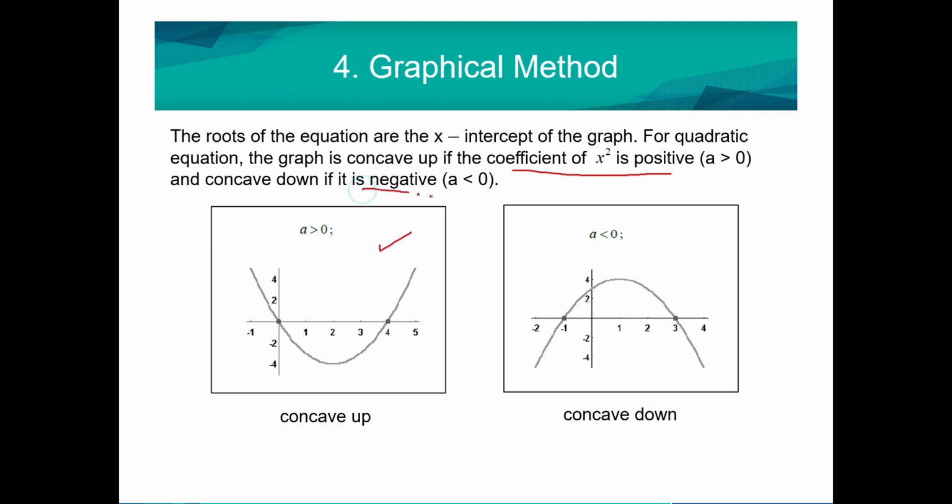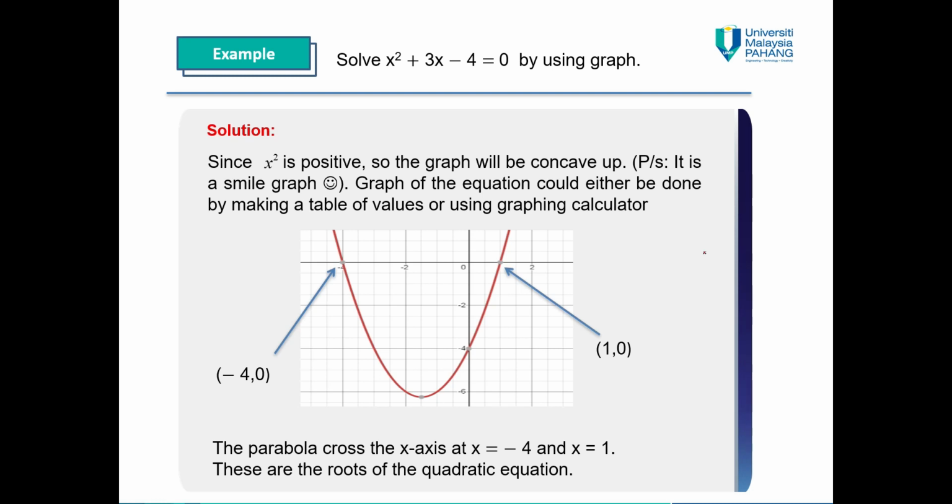If the coefficient is negative, the equation has a sad graph. For example, x squared plus 3x minus 4 equal to 0. The x squared over here has a positive 1 as the coefficient, so the graph will be a smile graph. So never draw a sad graph for a positive x squared equation.